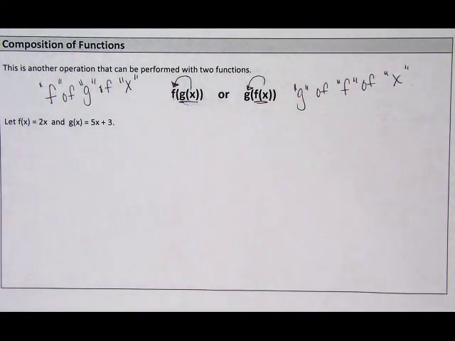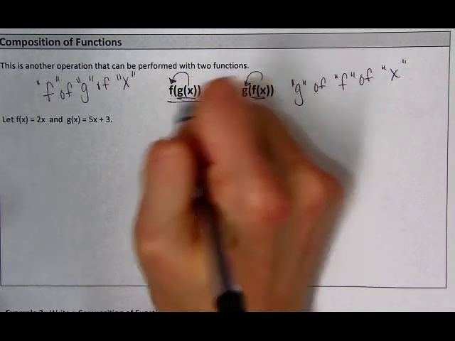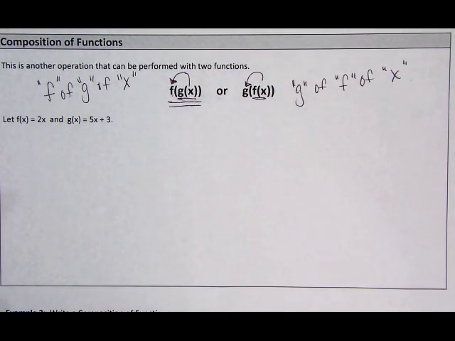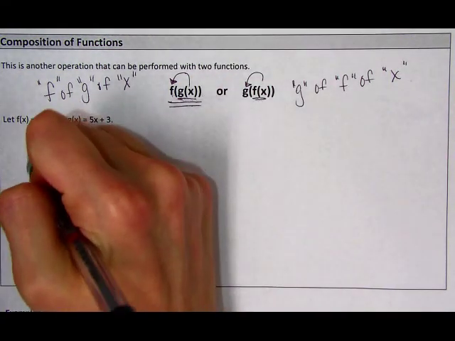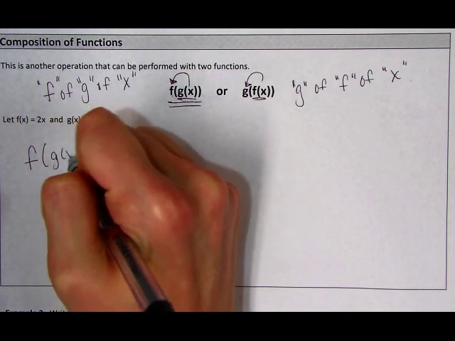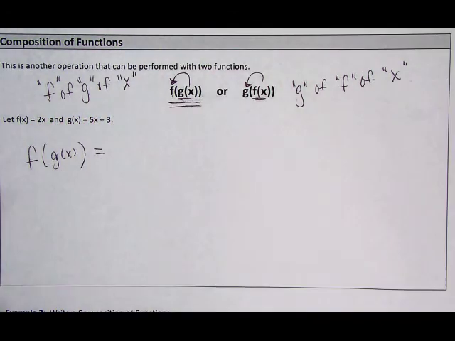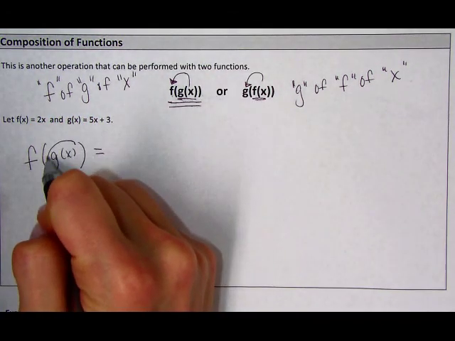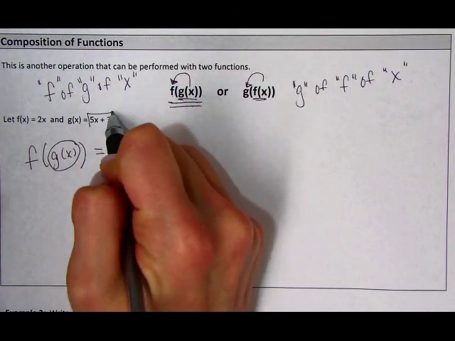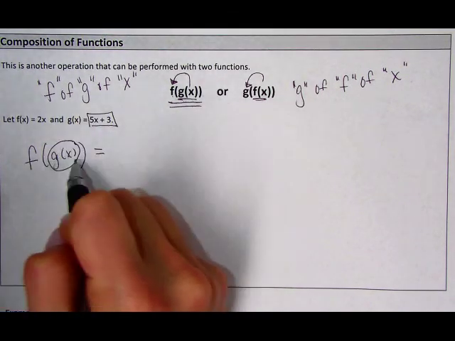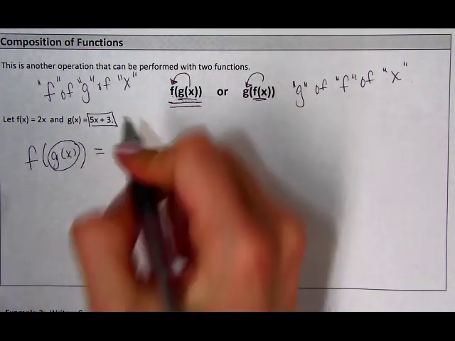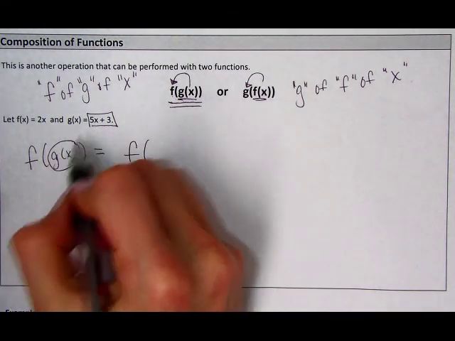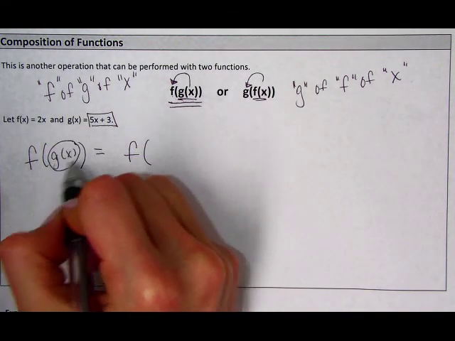And you're basically just taking your previous function and you're plugging it into your other one. So we're going to do this first composition first. So f of g of x, you're basically taking g of x and you're plugging it into the parentheses. So you're keeping your f on the outside and you're plugging in your g of x into the parentheses.